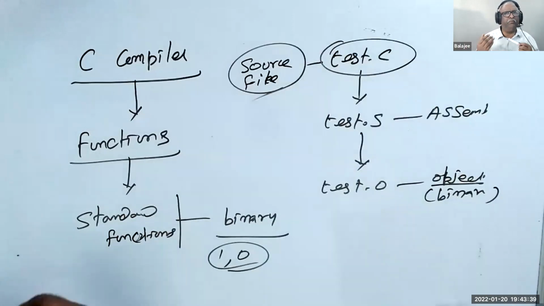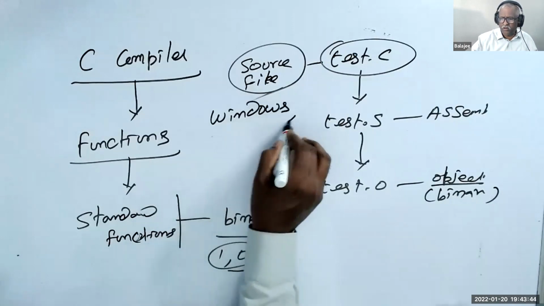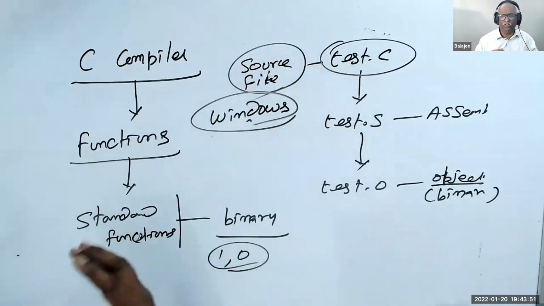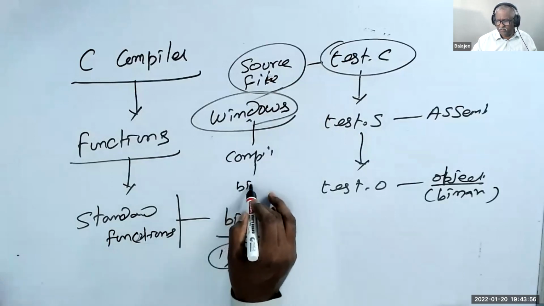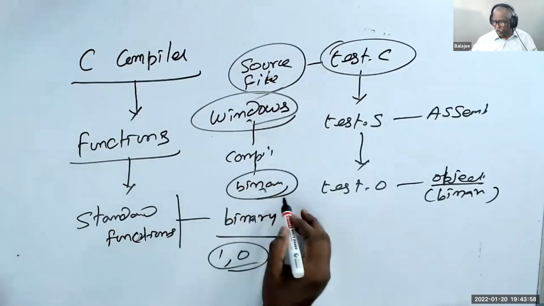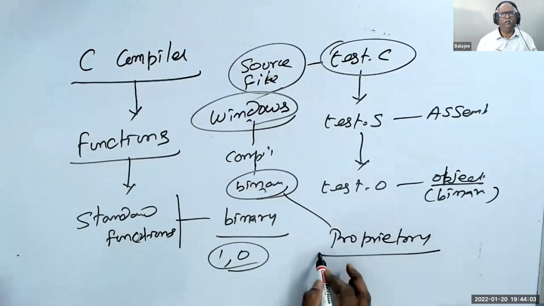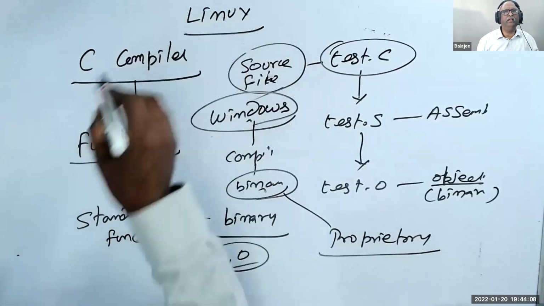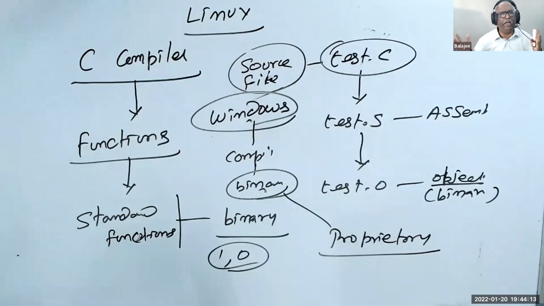But for example, if you take Windows, Windows have written a full operating system, but they keep the source file. They will not give it to you. They will do the compilation and give you the binary file. That they call proprietary. But if you take Linux, Linux gives you the source file. You will also know how the OS is working.